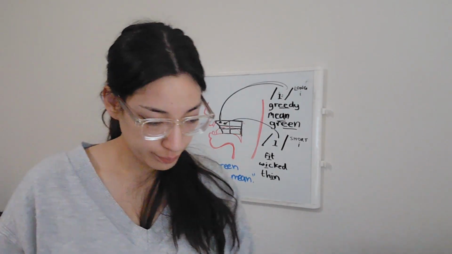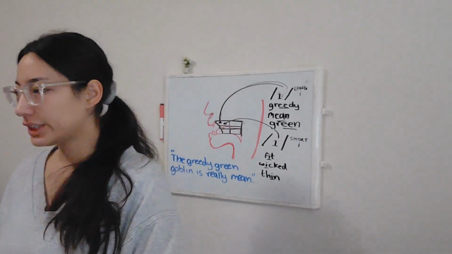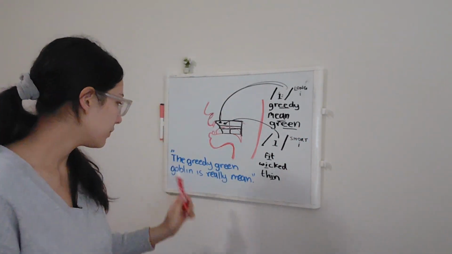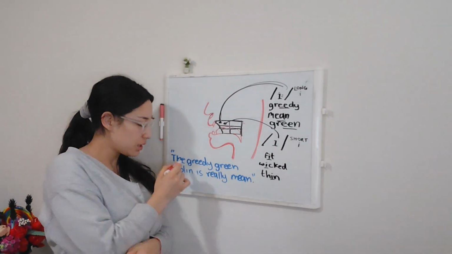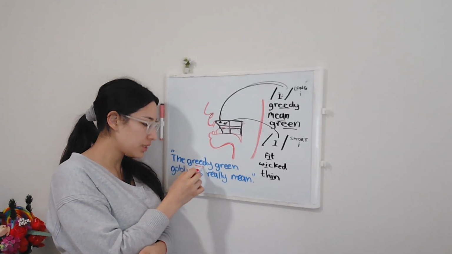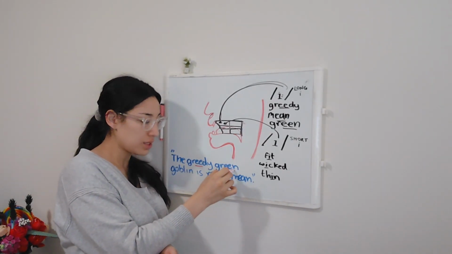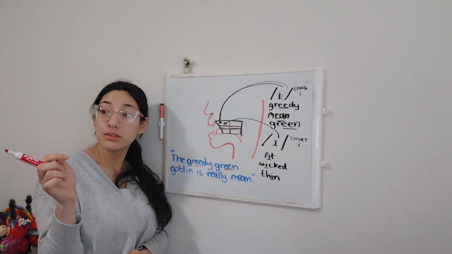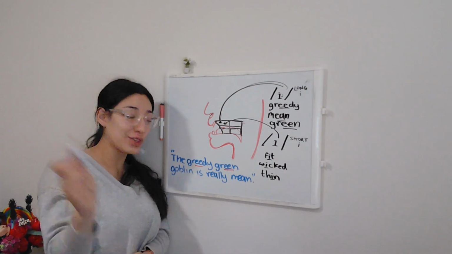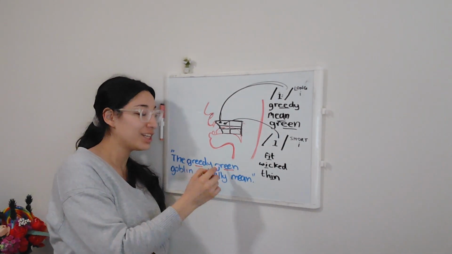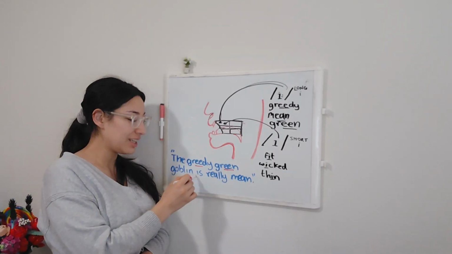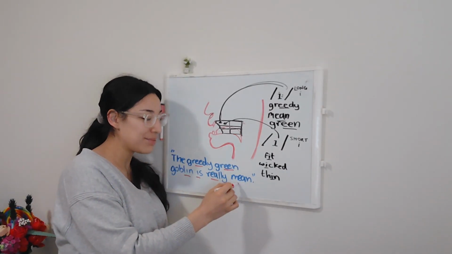Now, together. Let's do this, okay? The greedy green, all together though. Okay, 1, 2, 3. The greedy green goblin is really mean.